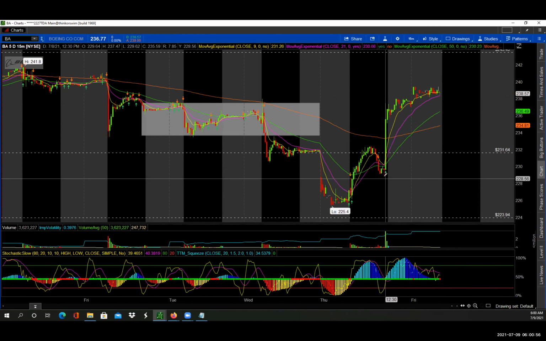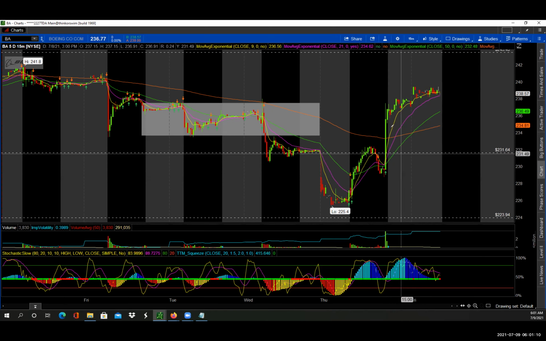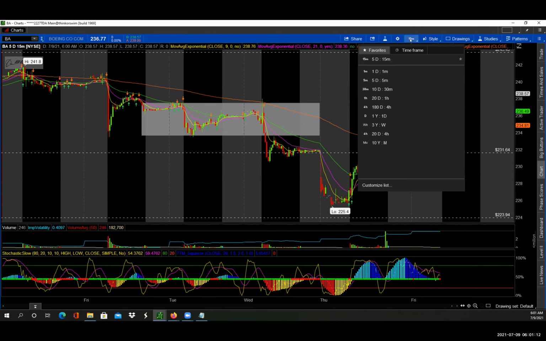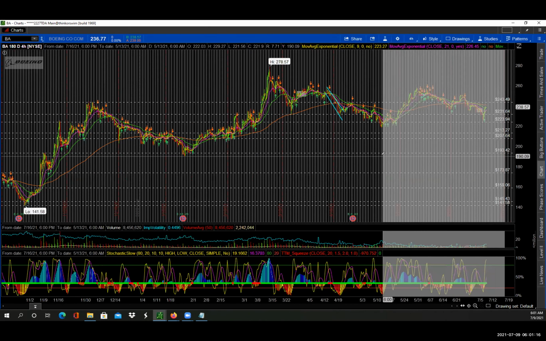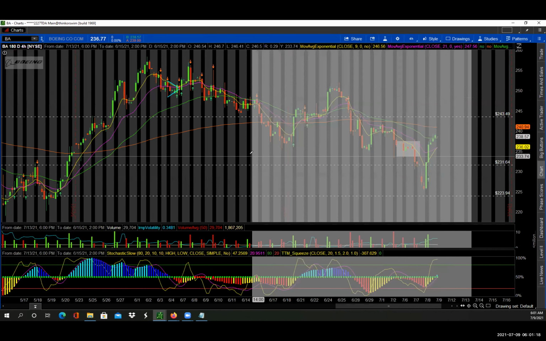Why? Because investors saw that XLI was holding support, and everybody loves BA. I don't. It's not my favorite stock to trade. But you can have a substantial gain with BA. So you can probably catch a little day trade here on BA.